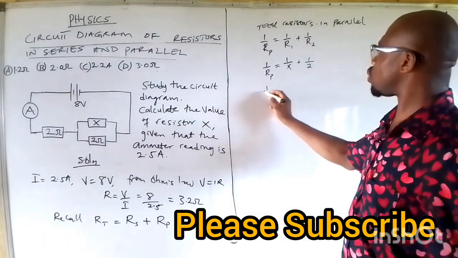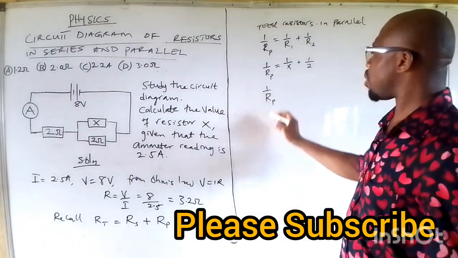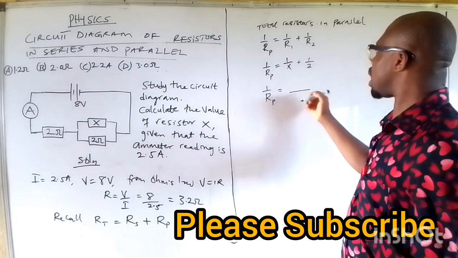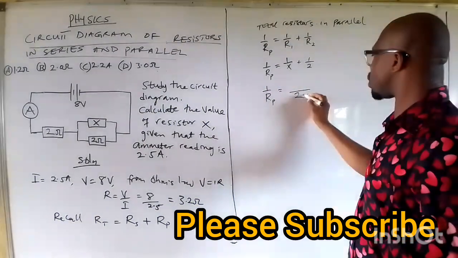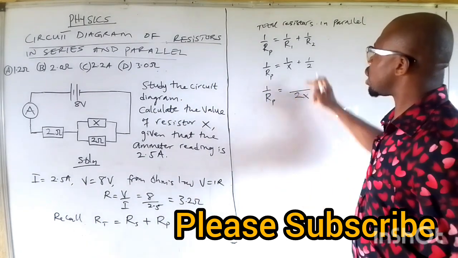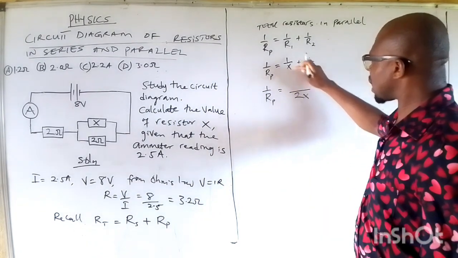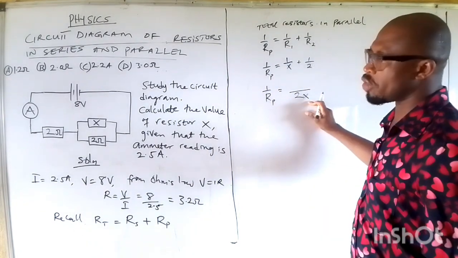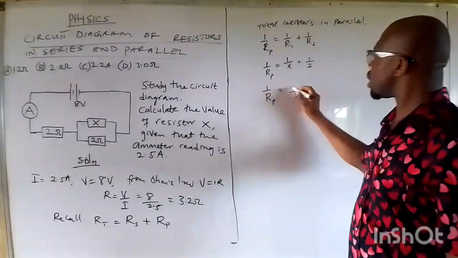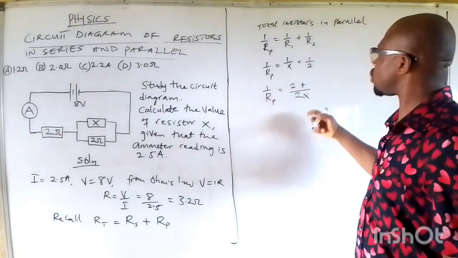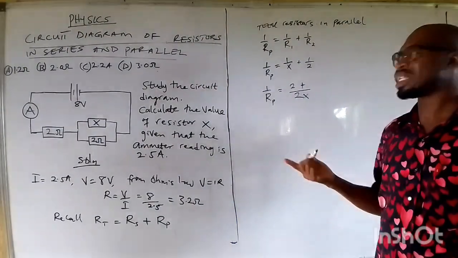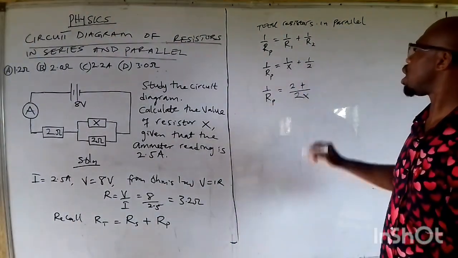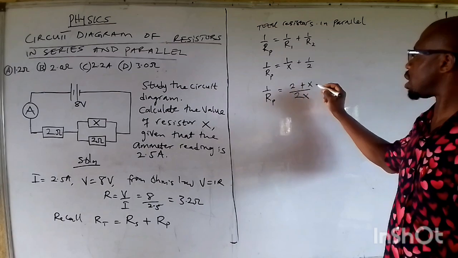So 1 over R in parallel: the LCM of 2 and X will give us 2X. 2X divided by X gives 2, times 1 is 2. Plus 2X divided by 2 gives X, times 1 is X.